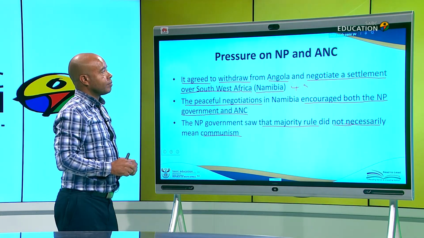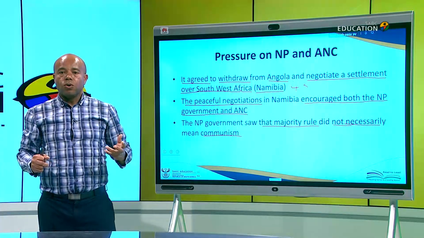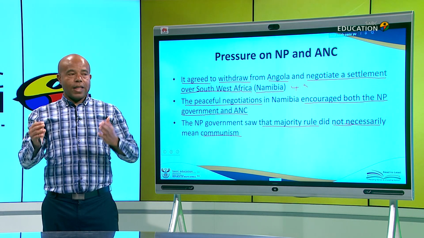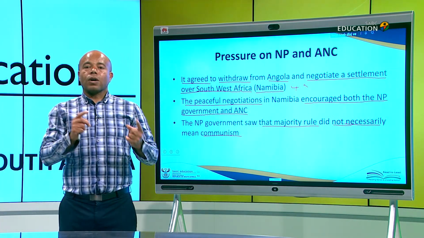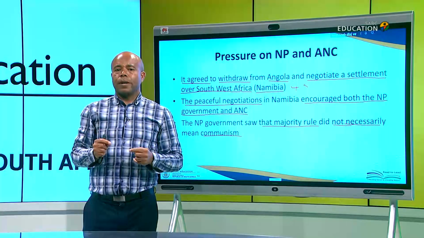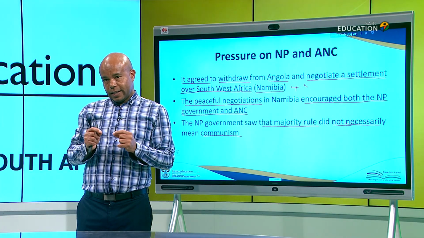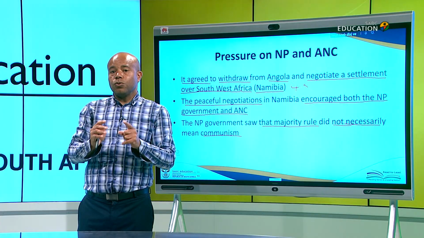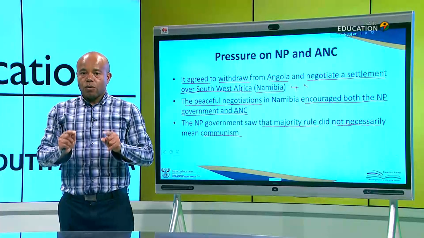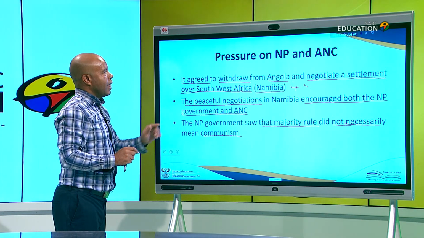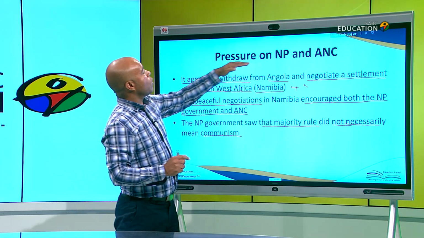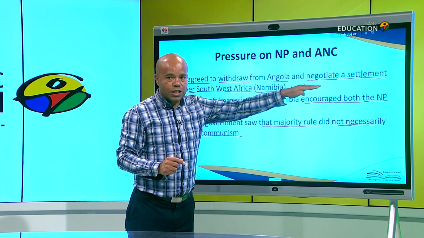Then pressure on who? On the National Party and the ANC. So we must understand there was first pressure. The Cuito Cuanavale battle actually put pressure on who? On the National Party, forcing them: listen here, you need to sit around the table with the ANC and start to negotiate. Then the pressure shifted from the National Party, and the ANC was included here.